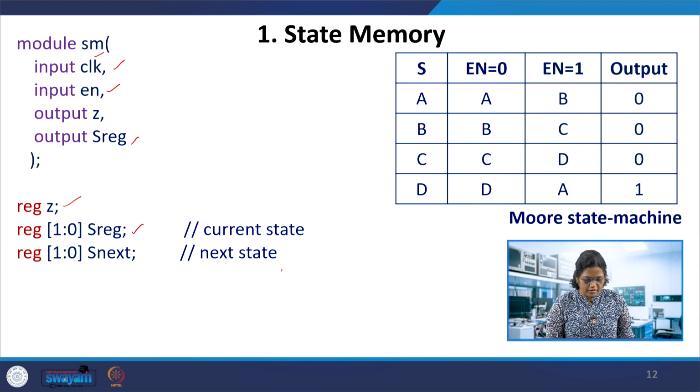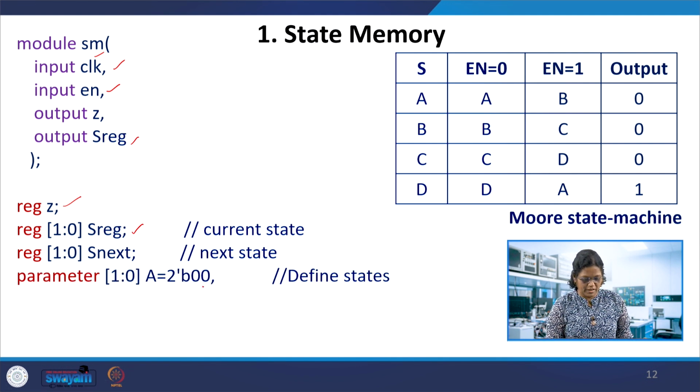We can't have these alphabets in the design, though we represented the states with them. Instead, the alphabets need to be replaced with binary values. So use the parameter to define these states. What is A here? A is 00. You can see how the parameter declaration helps in defining the states.